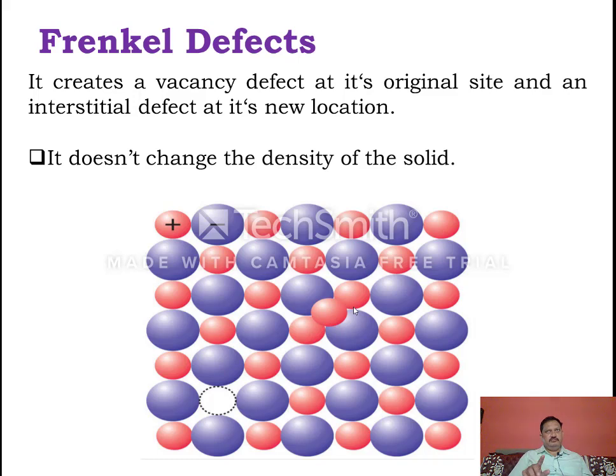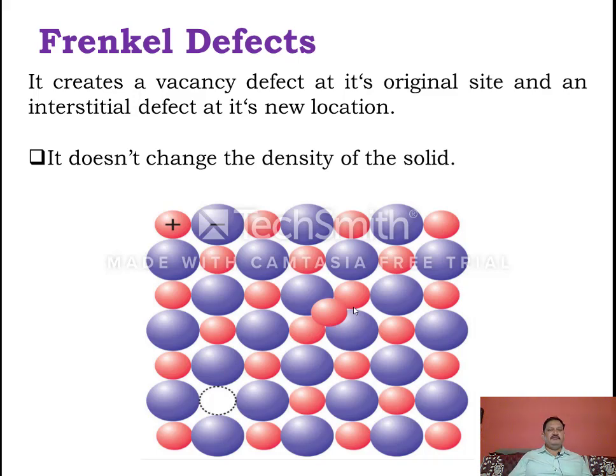Generally in a perfect crystal lattice, all the atoms are arranged in a regular pattern in their perfect sites, but because of a defect in the crystal, an atom creates a vacancy in its own site, and this vacated atom finds an interstitial gap and settles there. That's why this defect is called the Frenkel defect.